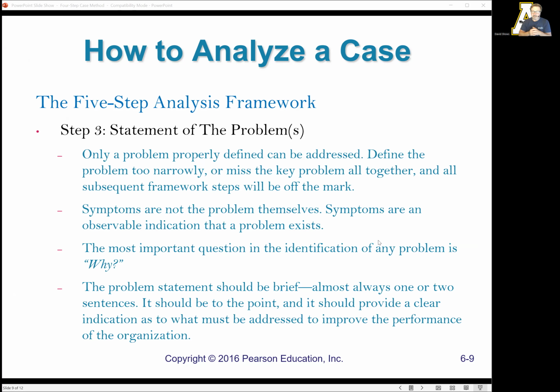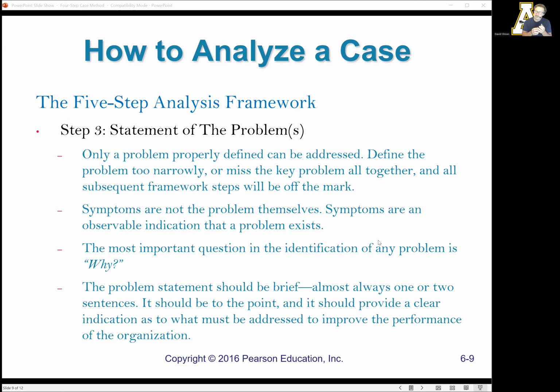The most important question when you're trying to find out what the issue is, is why. If I were to look at that problem of a 103.7 temperature, the first thing I would ask is, why is their temperature up? That would make you dig into something: well, the temperature showed up this morning.